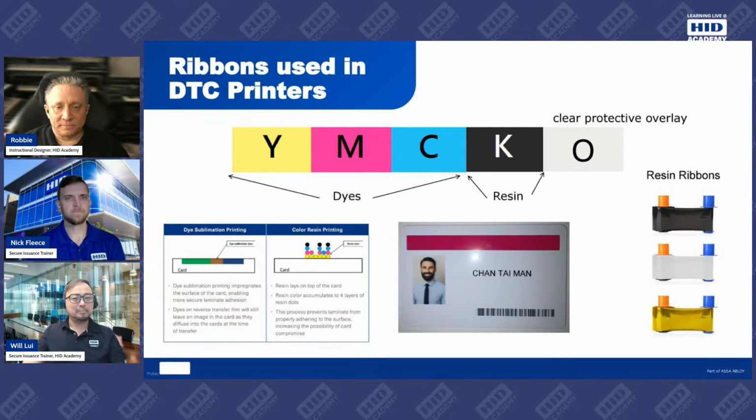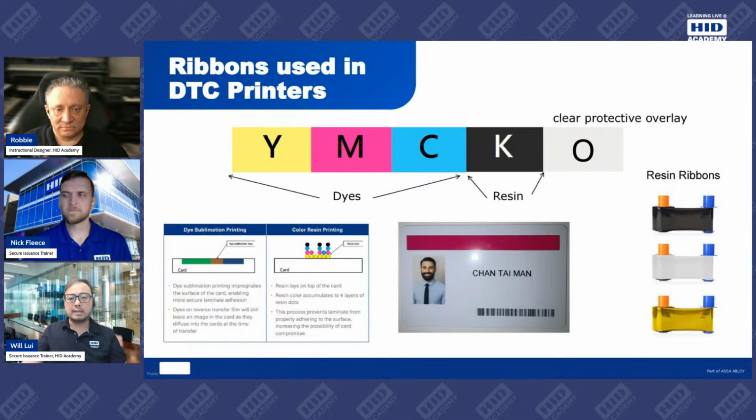So here we can see some main ribbon components used in DTC printing. We have the YMC panel, meaning yellow, magenta, and cyan. Those colors are combined step by step to create the full color image of the card. The resin panel, the K, is used for black details like text, barcodes, and fine lines. HID also offers black, white, and gold resin ribbons, depending on the card design and the visual effect needed.